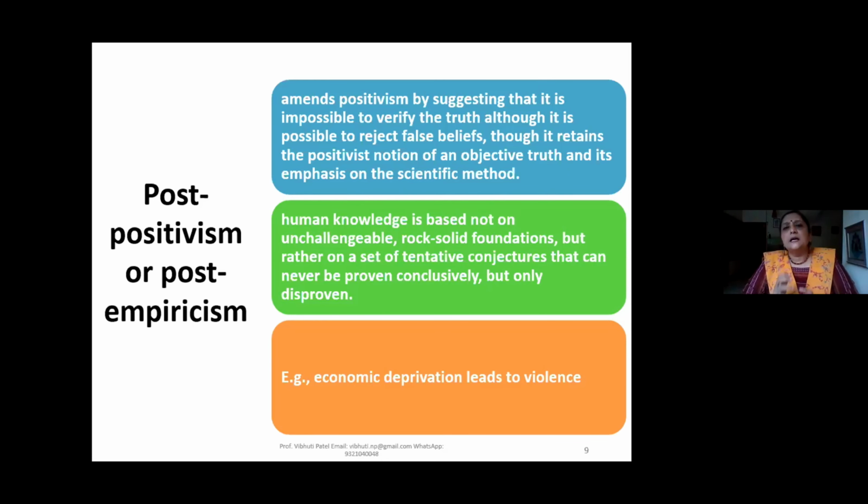Another thing is, there are so many economic determinists who always say economic deprivation leads to violence. Okay, maybe in some cases it happens, but we have also seen that the most deprived areas in our country, in terms of economic rights, are tribal areas.